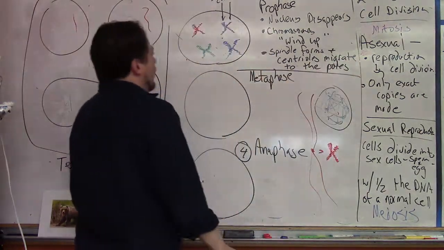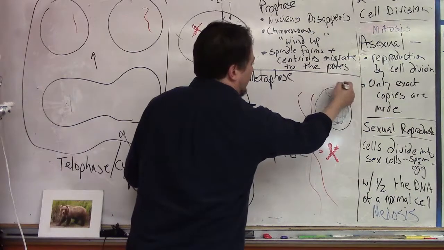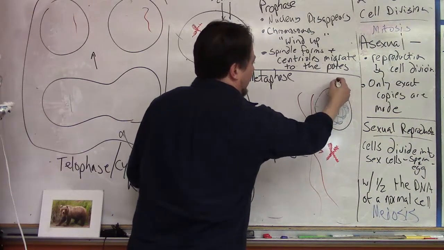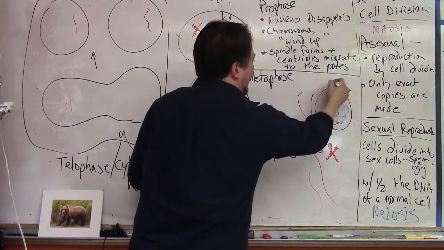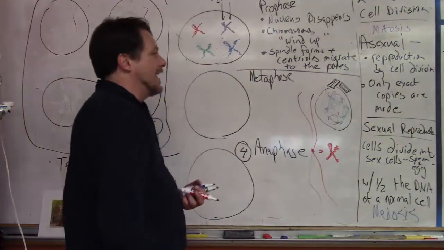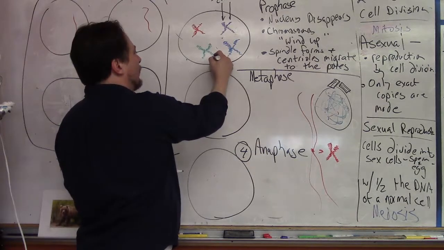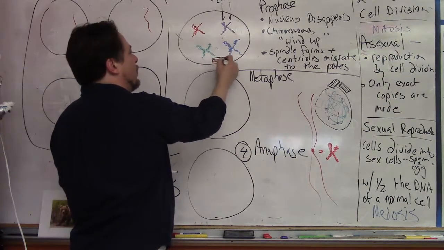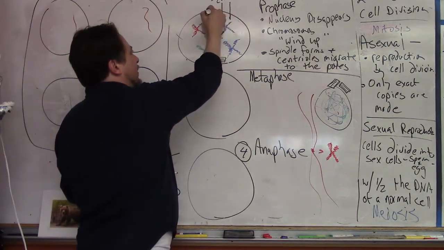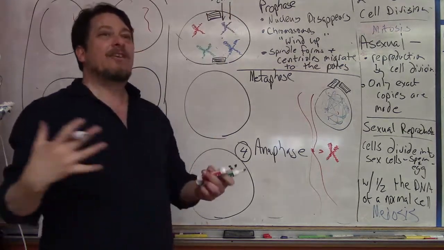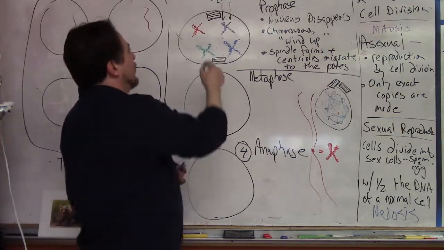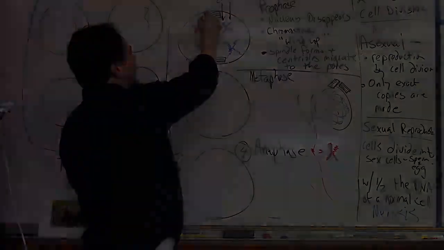What does that mean? Well, the centrioles are these 2 organelles that hang out near the nucleus. And when the time comes for cell division, they migrate to the poles. So one goes to one extreme end and the other goes to another extreme end, and they create spindle fibers, which are these protein fibers.